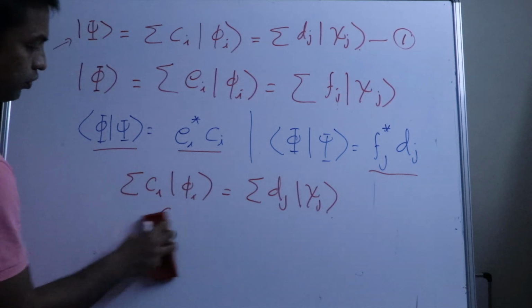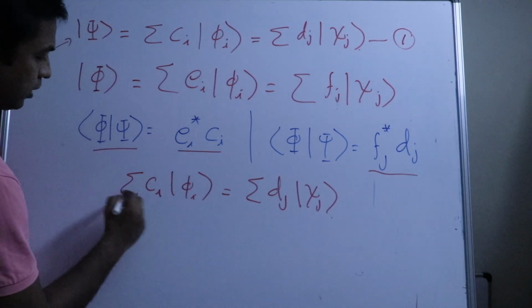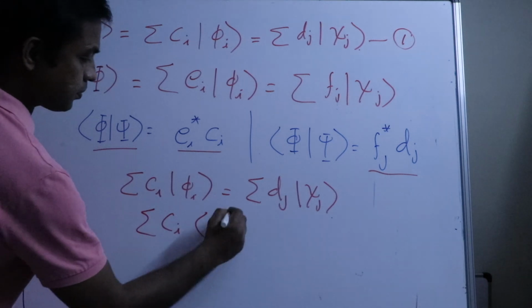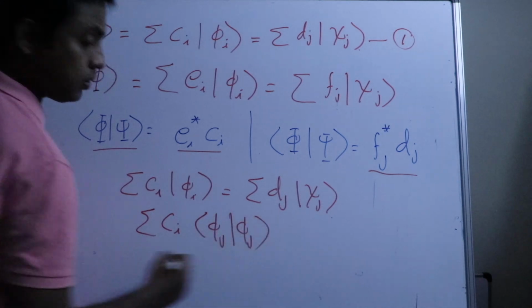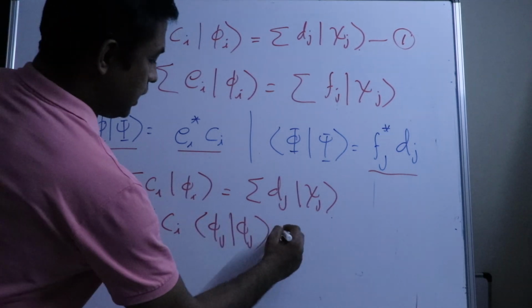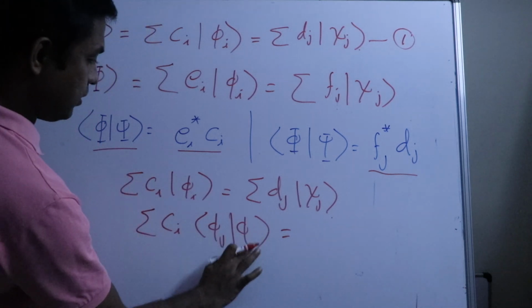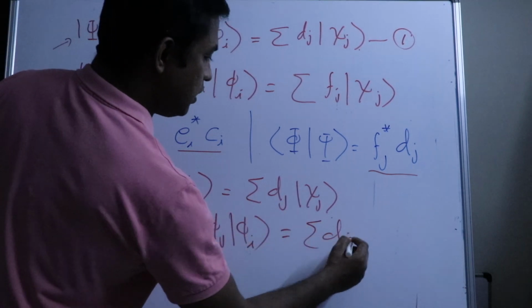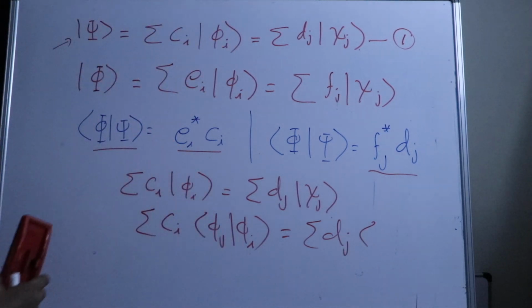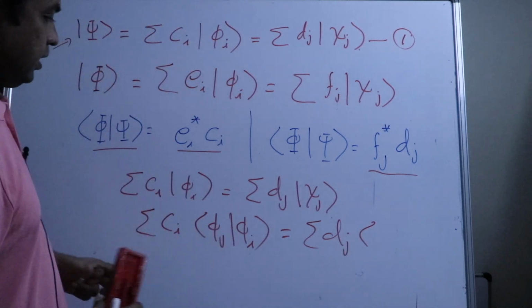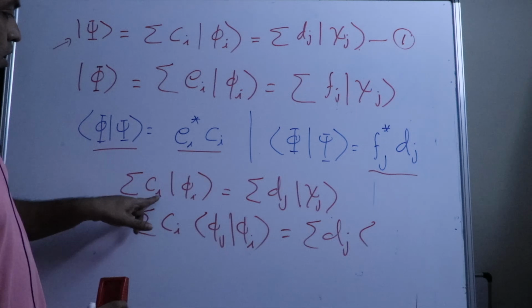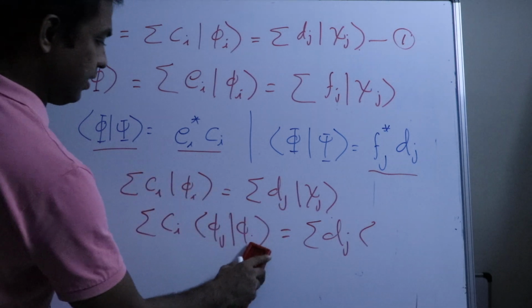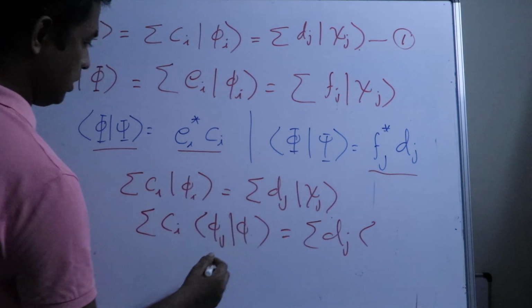Let me just do that for your convenience. I am multiplying with the bra phi j. This is i. Here summation Dj. I think we should not use the same index j because we already used j here, so let us multiply with the bra phi l, that is better.